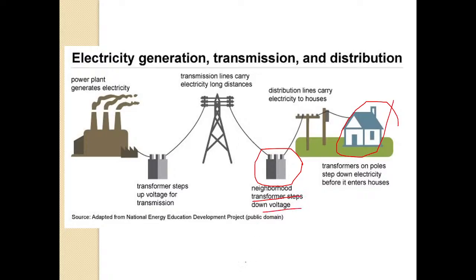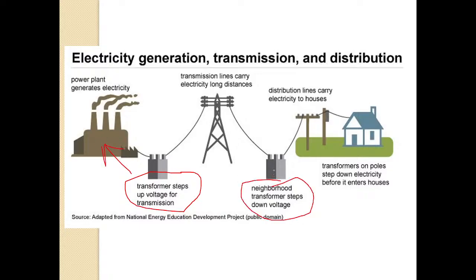Transformers are used to step up the voltage level at the generating stations, and nearby to the load sector, transformers are used to step down the voltage. So now the voltage level is reduced.